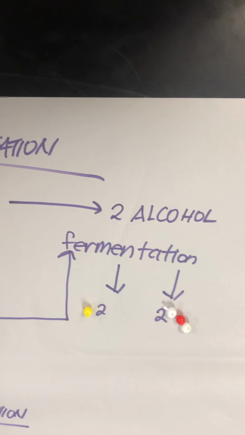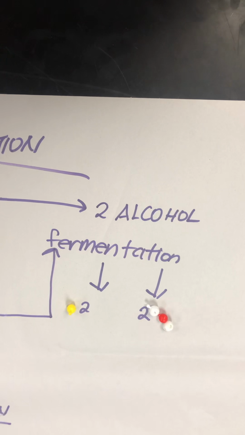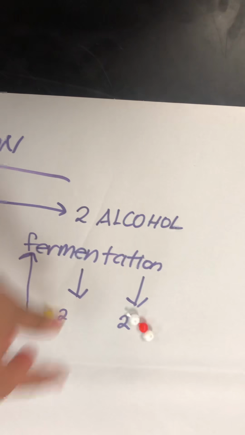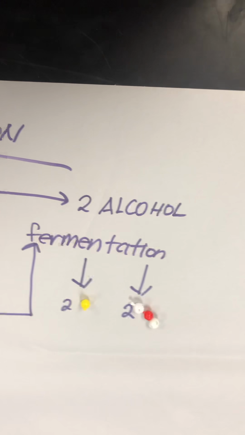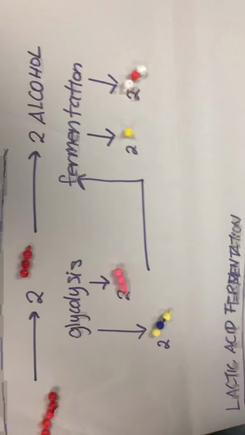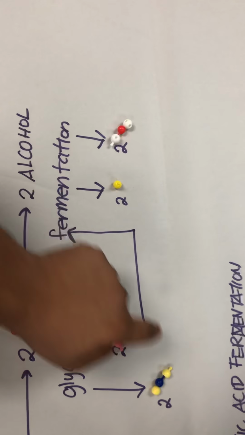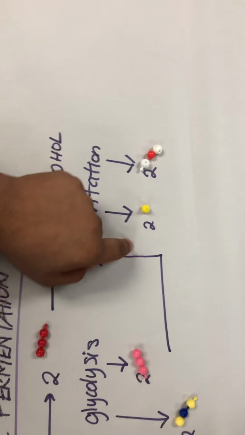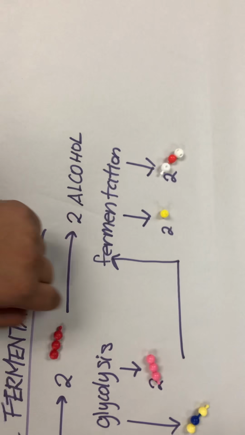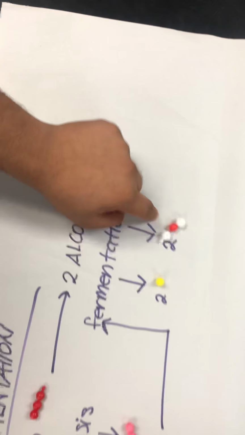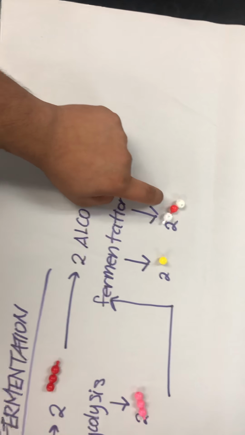Additionally, NADH and NAD plus undergo a chemical equilibrium where both of them assist in the pyruvate reaction, and CO2 is produced as a result.